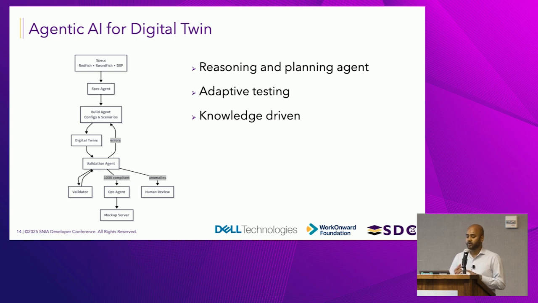What I want to convey here is that the architecture you see on the left-hand side incorporates a reasoning and planning agent that decomposes tasks into subtasks and coordinates various specialized agent tools with guided execution.